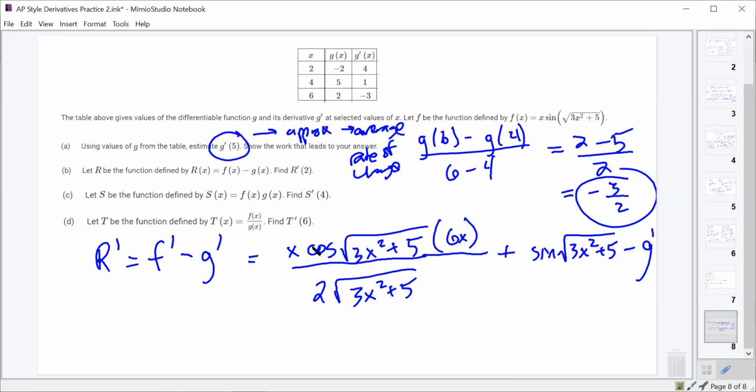If we plug in 2, you'd have 2 times 12, so 24 times the cosine of root 17 over 2 root 17 plus the sine of root 17. Oh, sorry, this is cosine of root 17 times the sine of root 17 minus g prime of 2, which was 4. So you just evaluate that all out and get your answer for part B. Everyone good with that?